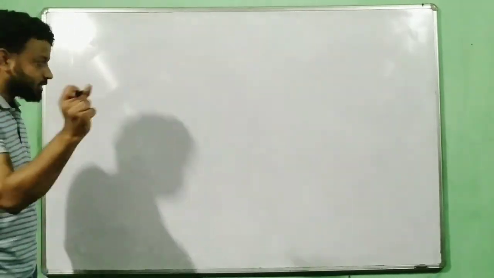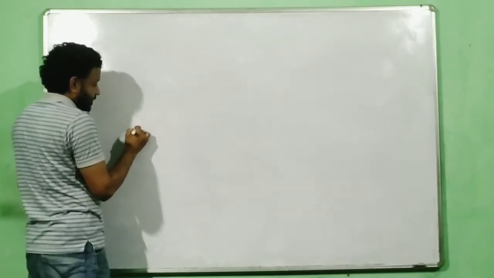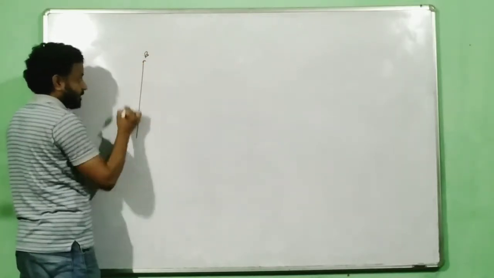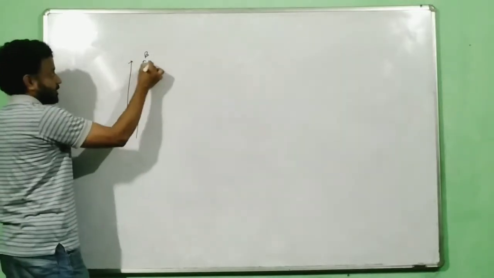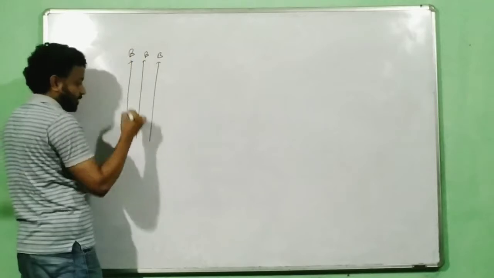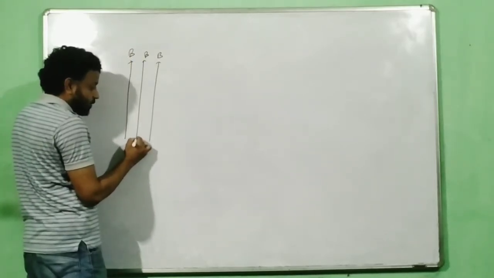I want to slightly change the question. So this is my magnetic field. Now let us say this is a plus q charge, and I want to provide a velocity.